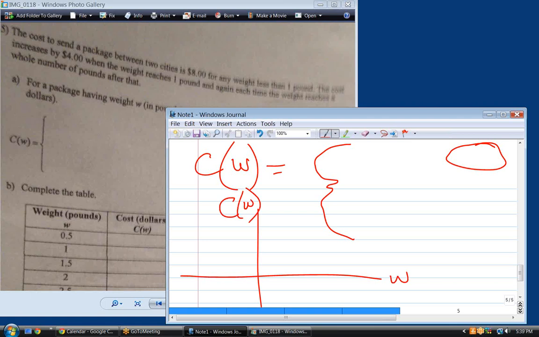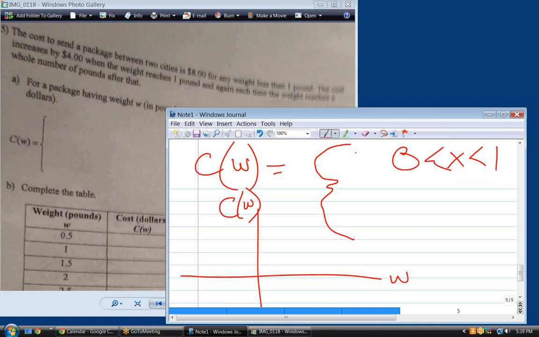No, it can't. It can only be 0 or more. Can't ever be negative. So the first thing I know is I'm not going to have any x's that are negative. But x can be less than a pound and greater than 0. In fact, what would the cost be if x was anything less than a pound?